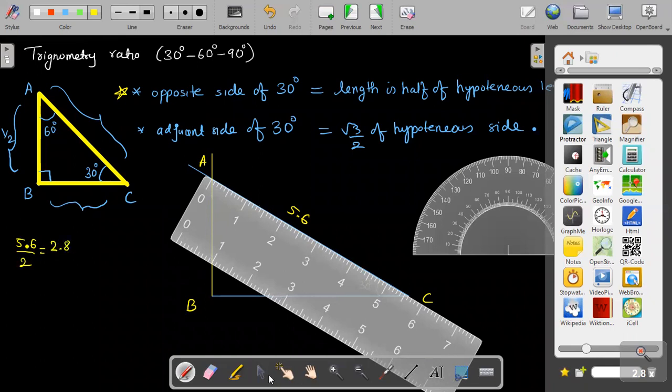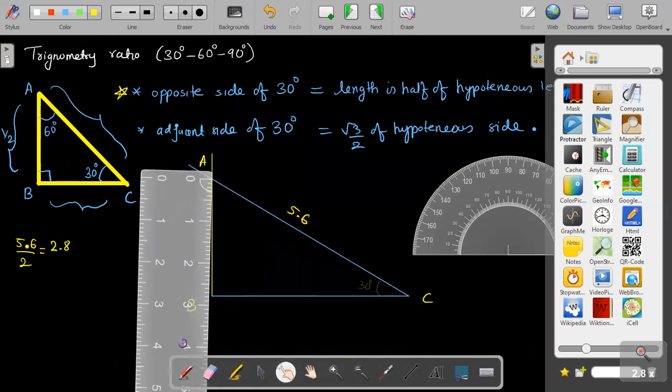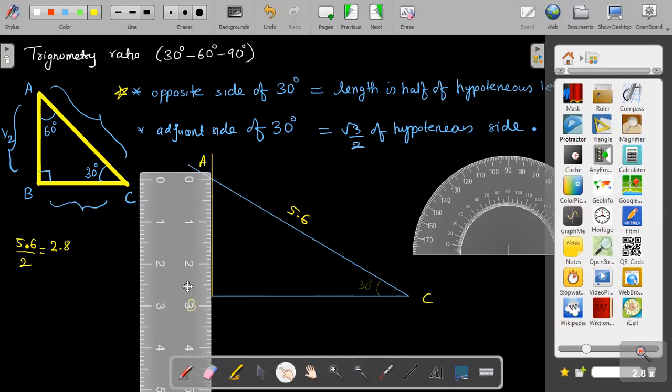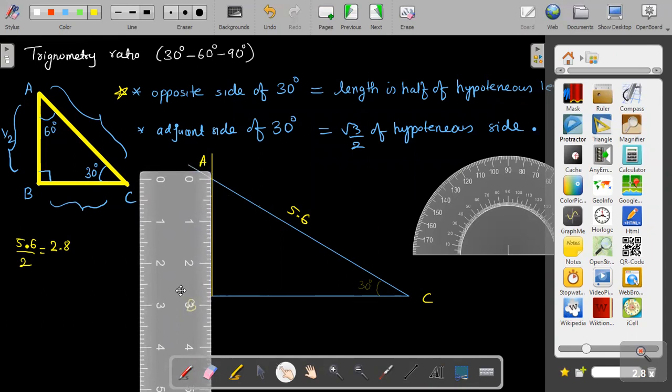So let us check with the ruler whether it is right. Are we getting 2.8? Yes, ma'am. Yeah, so the theorem is true. We found out that the theorem works very well. So this is half length of this.